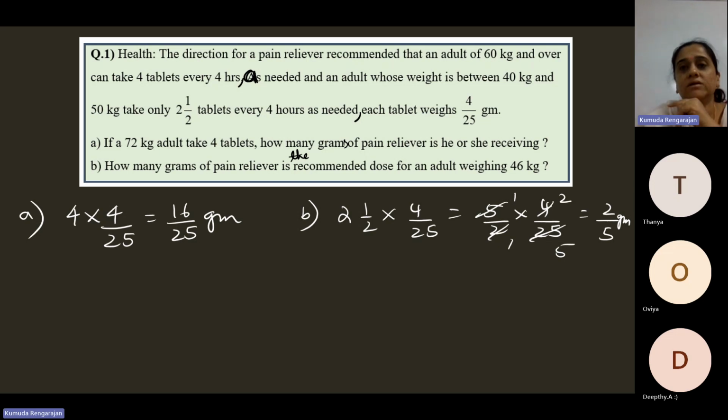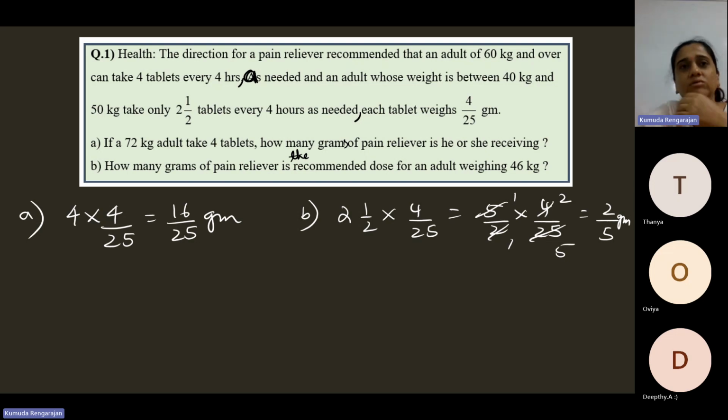One tablet, 4 by 25 grams. So 4 tablets will be 4 into 4 by 25. Now 46 kgs is between 40 and 50. So what's the recommended dosage? 2.5 tablets.